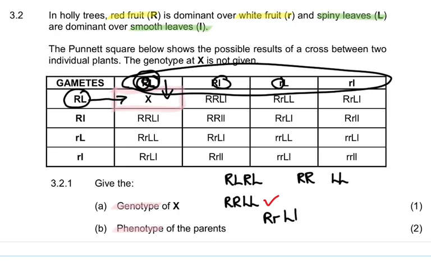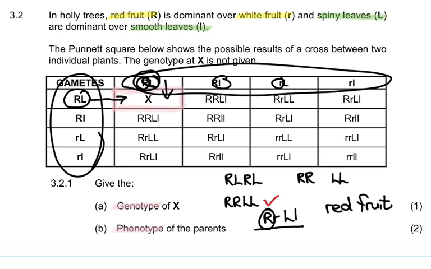And then if we have a look at the one here by the side, same story. Capital R, small r, capital L, small l, which means that the parent's genotype looks like this. But that's not what they asked for. They asked for the phenotype. So now we're going to have to look. And if we look at the phenotype, we'll see that the fact that there's a capital R means that they will have red fruit.